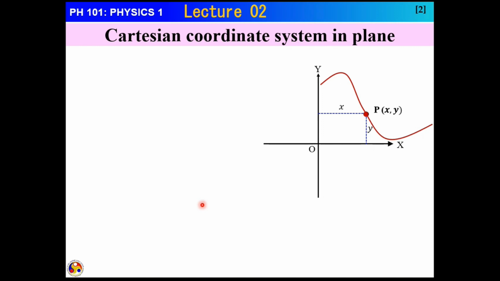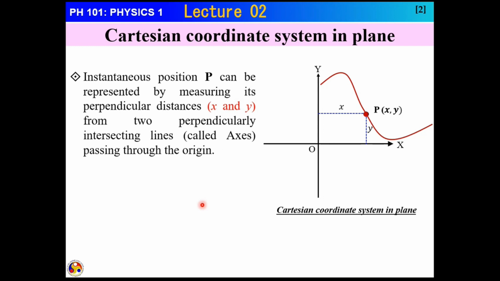So what is this Cartesian coordinate system? In order to represent any point in a plane, we need two parameters. One is the X parameter and another is the Y parameter. The X parameter is the perpendicular distance from the two perpendicularly intersecting lines, which are called axes, and these axes pass through the origin.